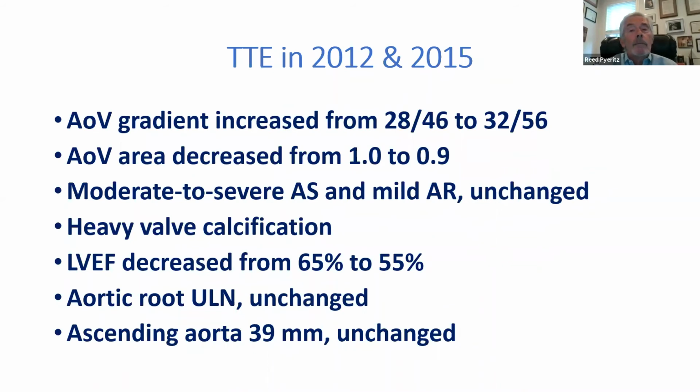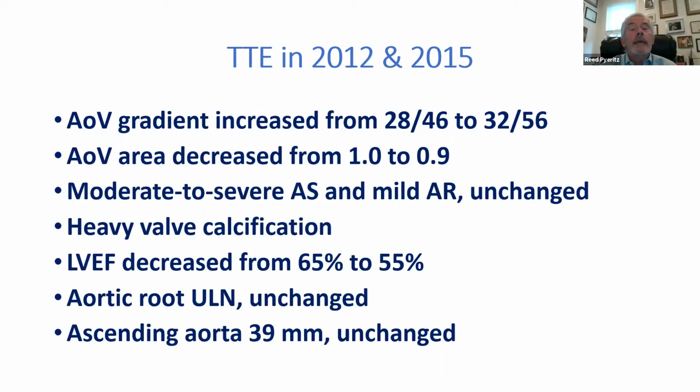So the valve itself was constricted and had a gradient initially of 28/46, and that increased to 32/56 over the course of 3 years. The aortic valve area decreased, and the degree of aortic stenosis or constriction increased.